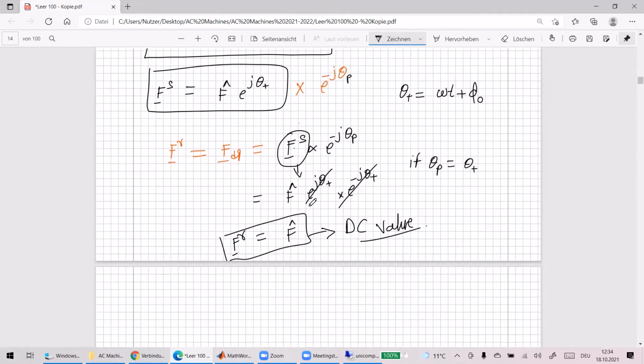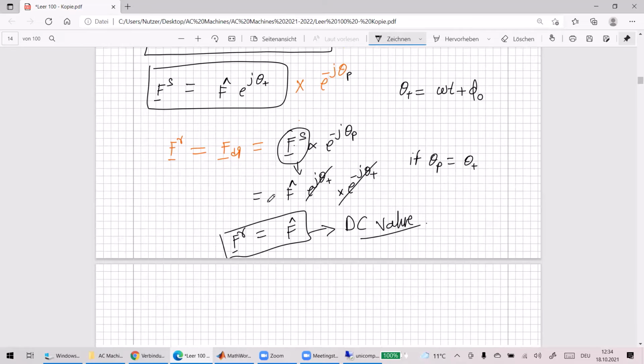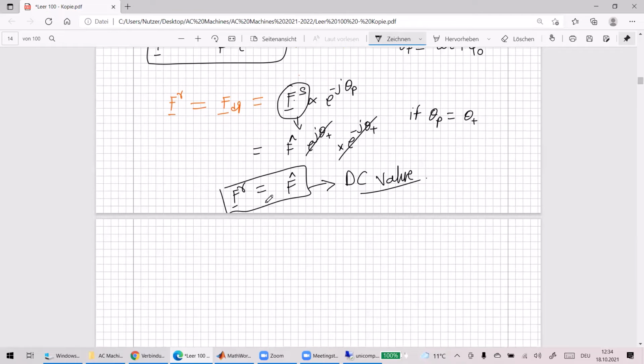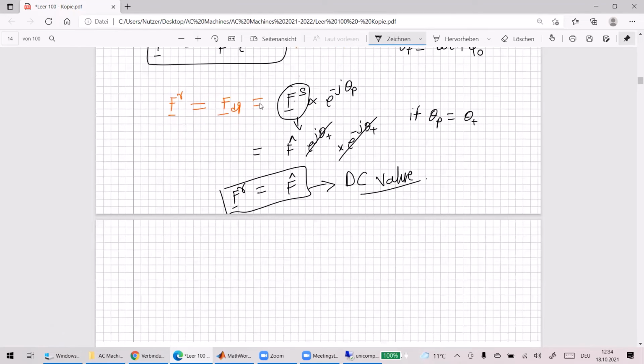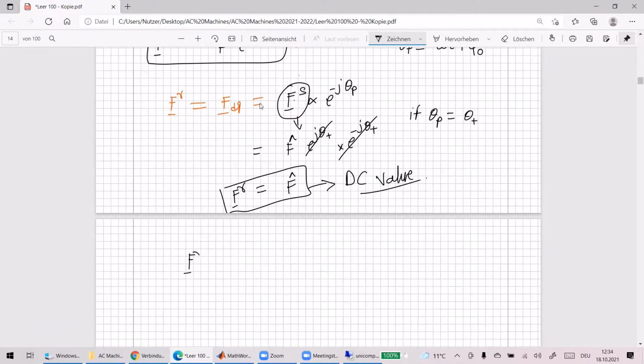So how do we do the alpha beta to DQ transformation? So this was the purpose, but now let's see more of how we do it. What we saw now is F rotating frame, which is also equal to your F DQ. We get it by multiplying this F alpha beta into e power minus j theta p, right?